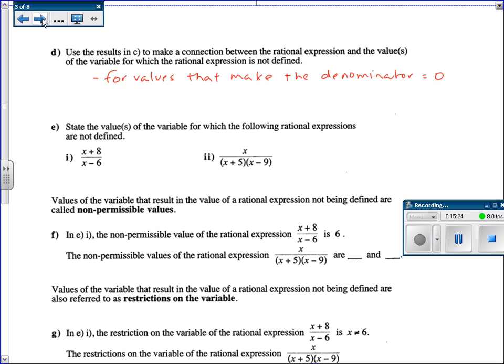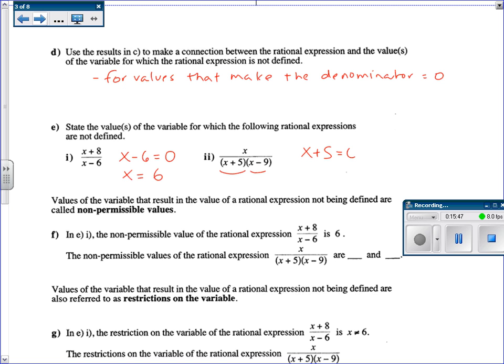So if we take a look at this, E, state the value or values of the variable for which the following rational expressions are not defined, then when x minus 6 equals 0, this expression isn't defined. So that means that expression is not defined when x equals 6. When you have two binomials like this, it's true for either of them.